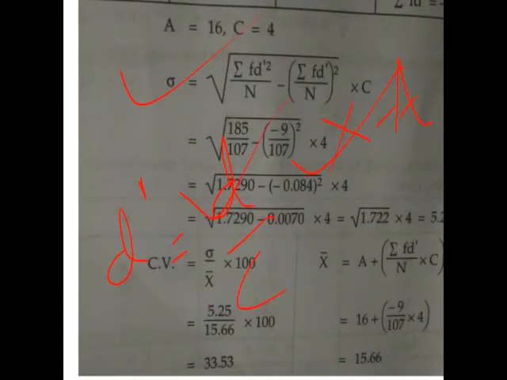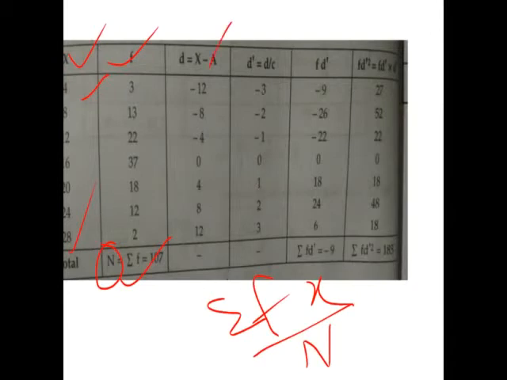Okay, so that arithmetic mean is nearly 15 point something. So it is considered as 16. So arithmetic mean is considered as 16. So a is 16.